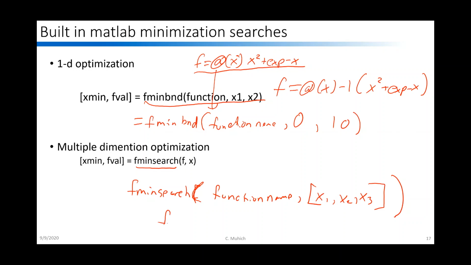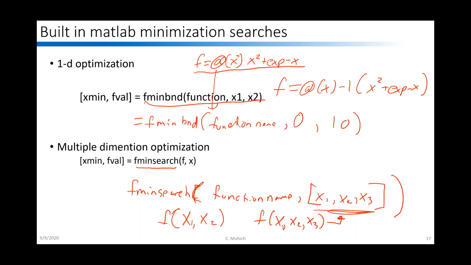So maybe if function f is a function of x1 and x2, we would need to give two starting values here. If this function were a function of x1, x2, x3, then we need to give three starting values.